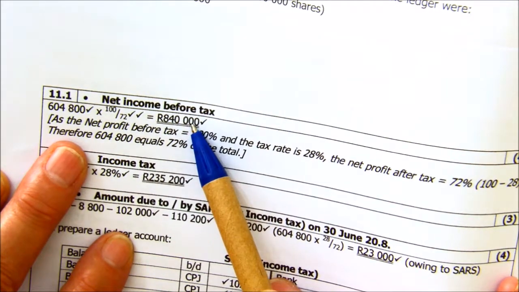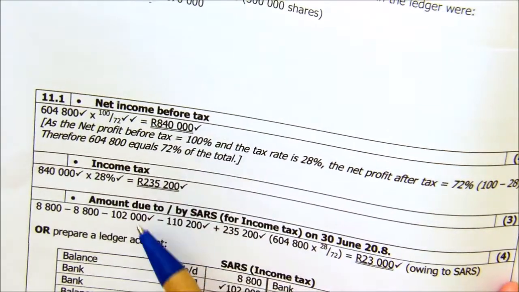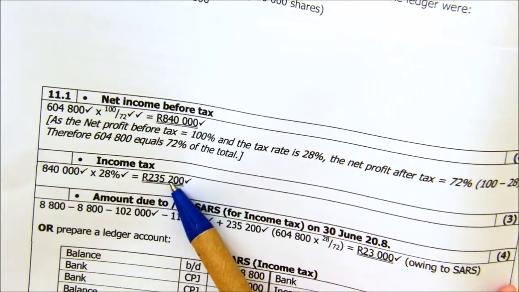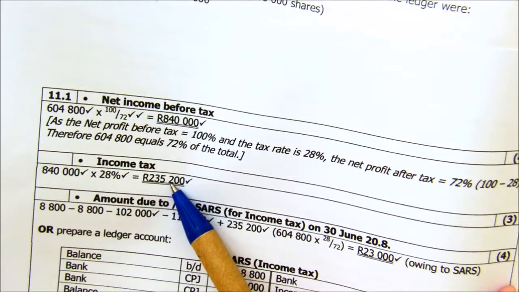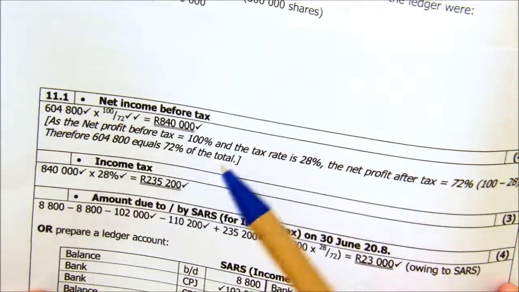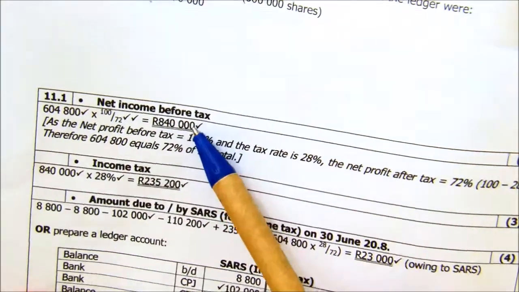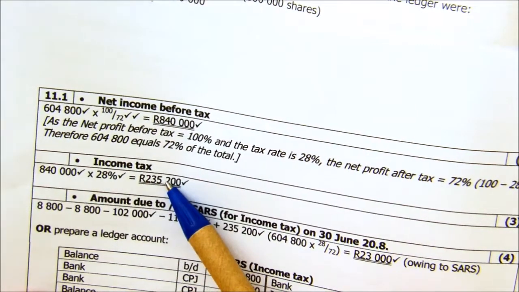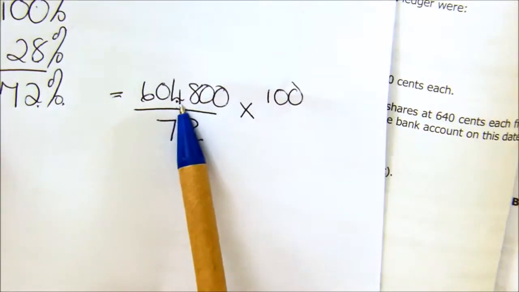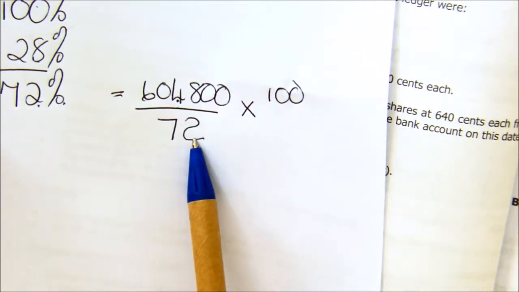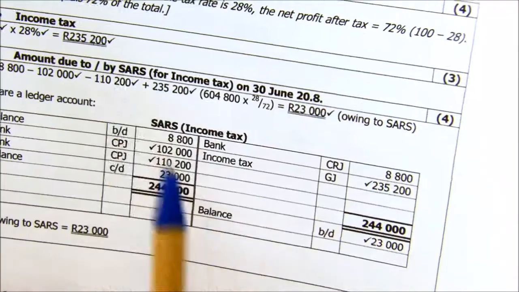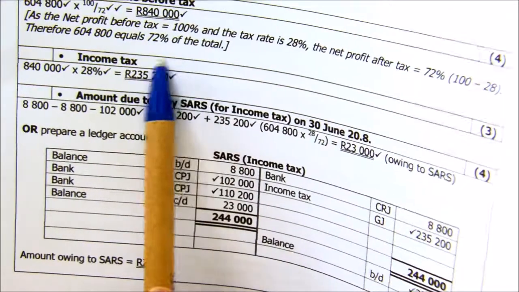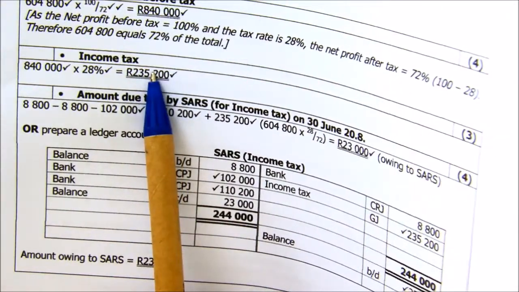If you subtract that from the profit after tax, you're going to get your income tax was 235,200. Or other ways of working it, now that you've got the figure before tax, you could have worked out 28% of it. Or the other way, you could have had the 604 divided by 72 times 28. So various different ways to actually get this income tax figure.